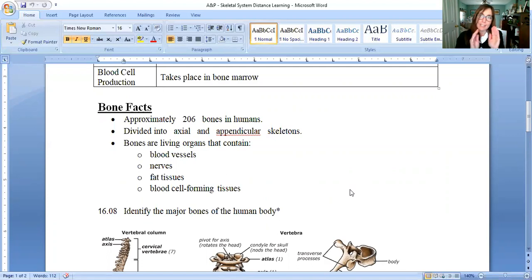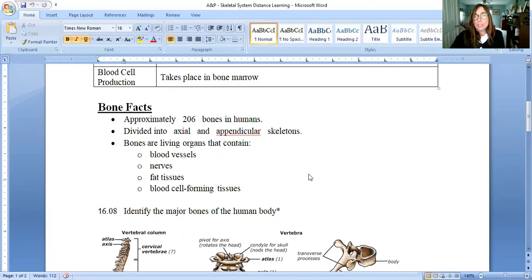And just think the axis is sort of like at the center of something. So your axial skeleton is at your core. Appendicular, think appendages. They are the bones that are attached to the axial skeleton. So basically your arms and your legs.